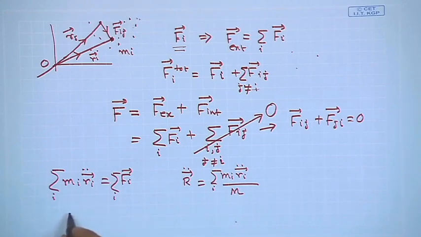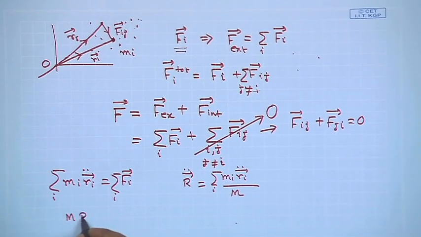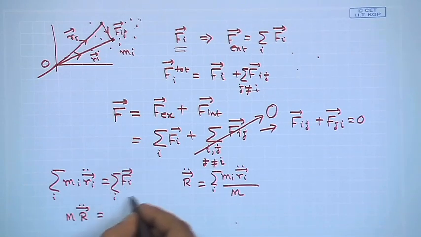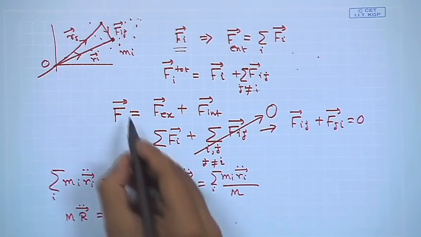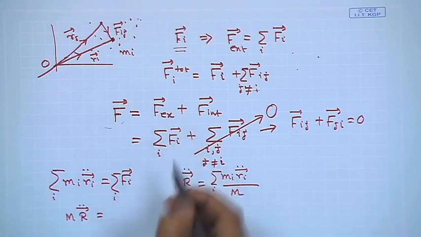So, total, this can be substituted by M R double dot is equal to the sum over i of F_i. Now, the total force F is again the sum over i of F_i.